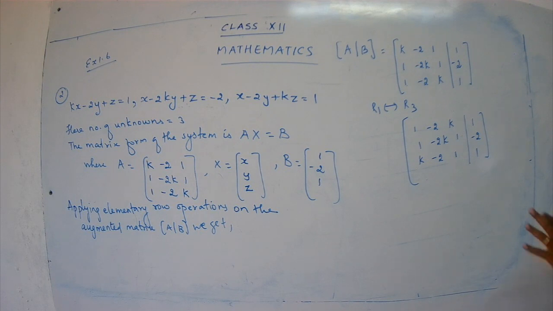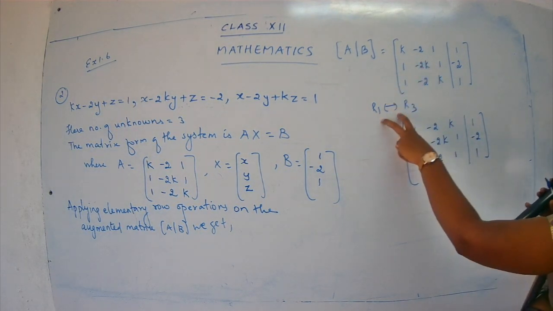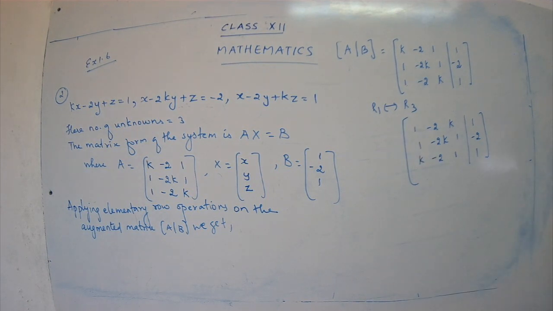But if we interchange R1 and R3, the calculation goes very easy. For that purpose, we are changing R1 and R3. Children, you may try by changing R1 and R2. Not at all wrong, it's your wish.